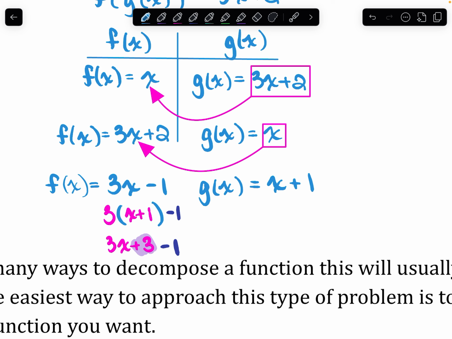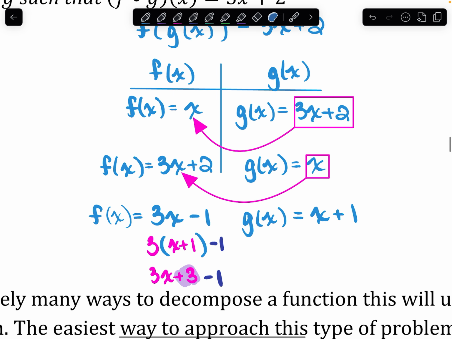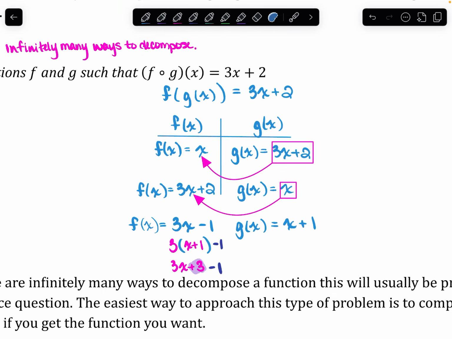Well, then I would adjust f. I could turn g into x plus 3 and then again adjust f accordingly. That's where you get those infinitely many options. So it takes a little bit of practice to figure this out. So if you have an open-ended choice, I would choose one of the first two methods. If you're given answer choices, like different options, just compose them and see which one gives you back the original.